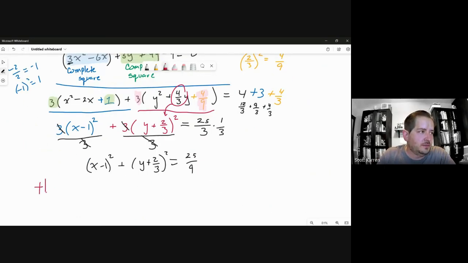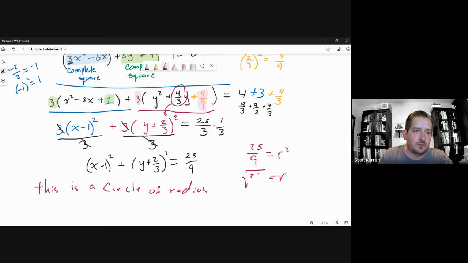This is a circle of radius, the square root. So this 25 over 9 is r squared. So r is the positive square root of 25 over 9, which is 5 over 3. So I have a radius of 5/3 and is centered at 1, negative 2/3.